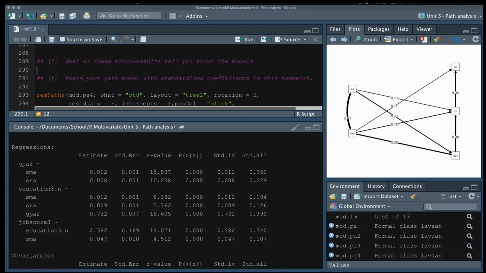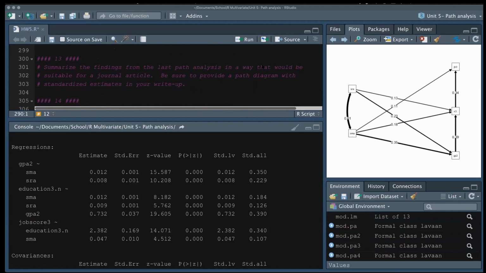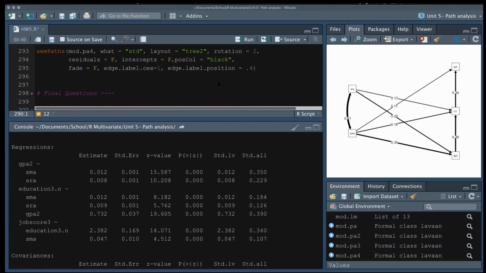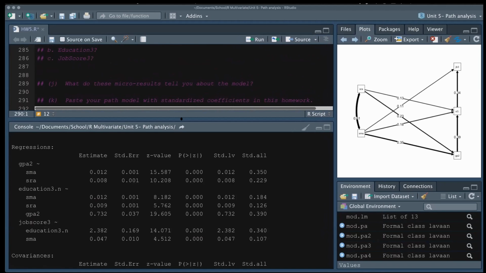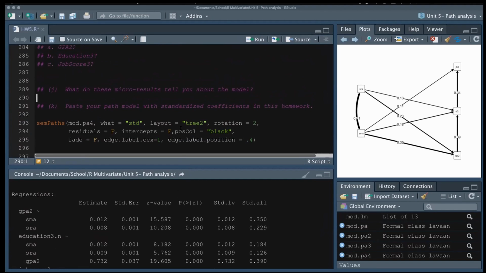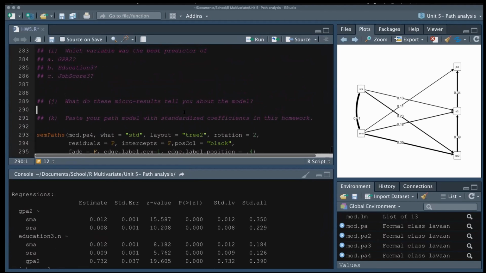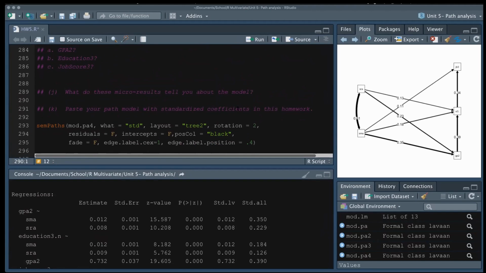Also, we're not really looking for a very specific answer. It's fine to just say that the micro results, after we trimmed the model, of course, suggest that a large portion of our original theoretically specified model was right: the proximal predictors of GPA were reading and math achievement, ultimate educational attainment in adulthood was well predicted by those middle school variables and high school GPA, and finally job score was predicted by the high school variables, but also by achievement.